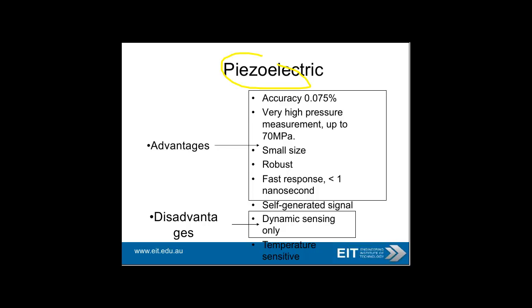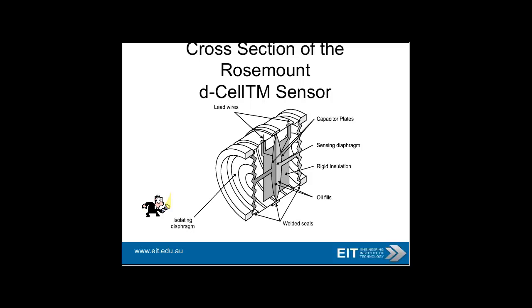Piezoelectric, very good accuracy, 0.075%, which is very low. Small size, robust, fast response, less than one nanosecond, 10 to the minus 9 seconds. It's a dynamic sensing device, so that's the only disadvantage.